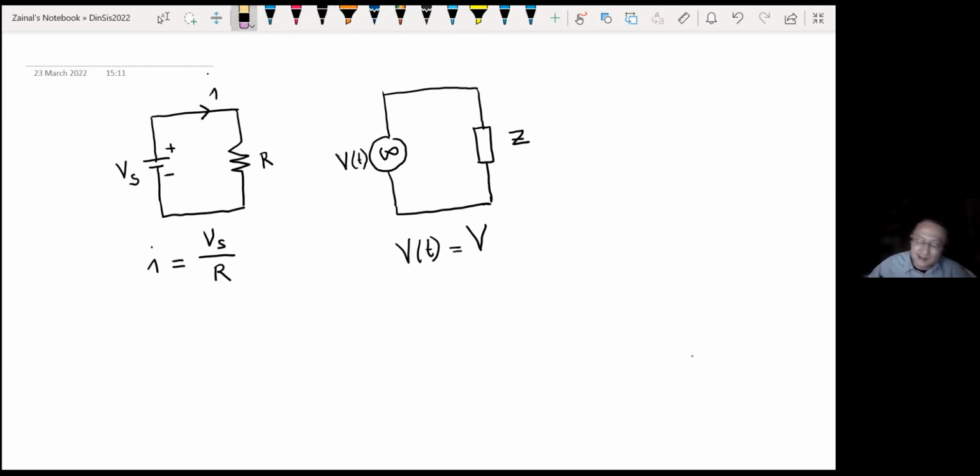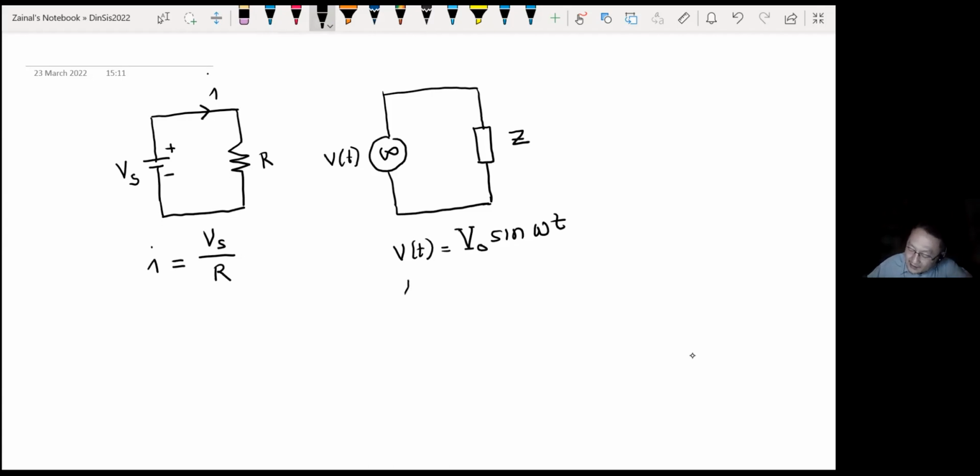So VT is equal to the amplitude V0 sine omega t.